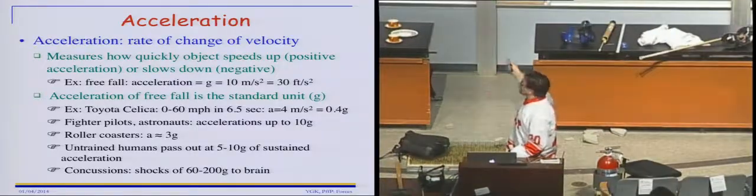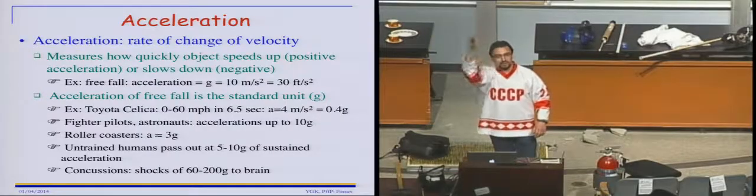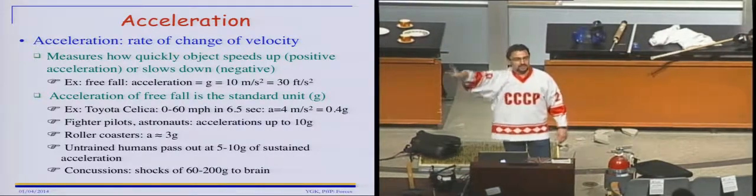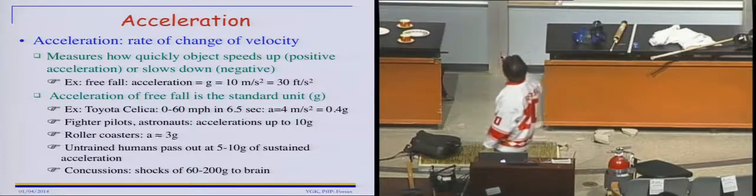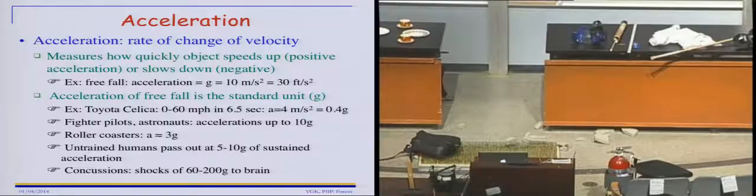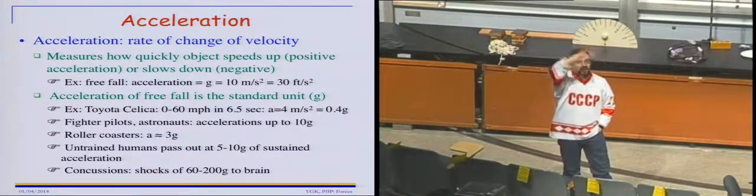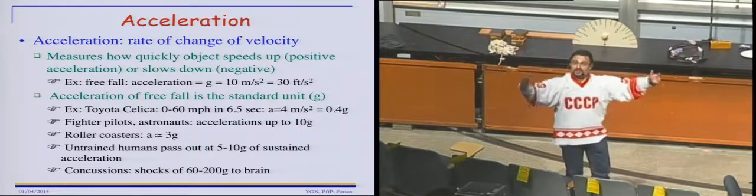If you're on a roller coaster going over the hill and through the bottom, you can experience g forces as large as about 3 g's, typically on the bottom. On the very top, you feel almost weightless, right?